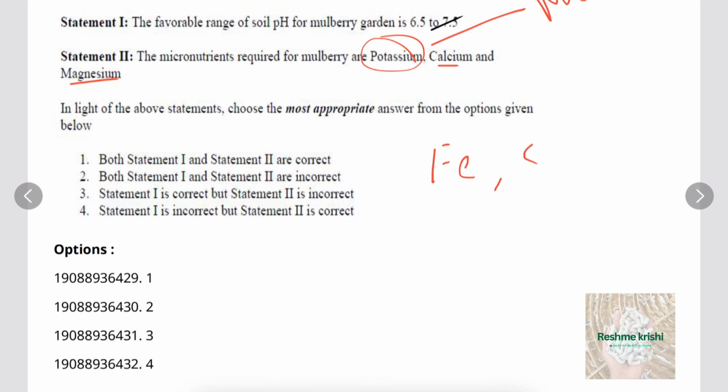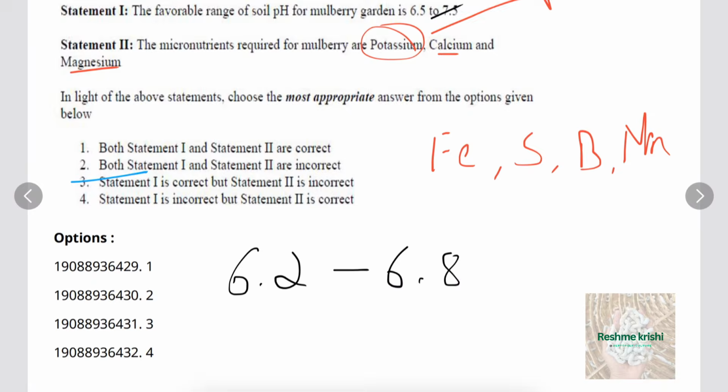Okay. We need sulfur. Okay. Then we need boron. Then we need manganese. These are the essential nutrients. So the answer is, for the favorable range, statement 1 is correct and statement 2 is incorrect. And if they ask for the optimum or ideal condition, 6.2 to 6.8 is the answer.